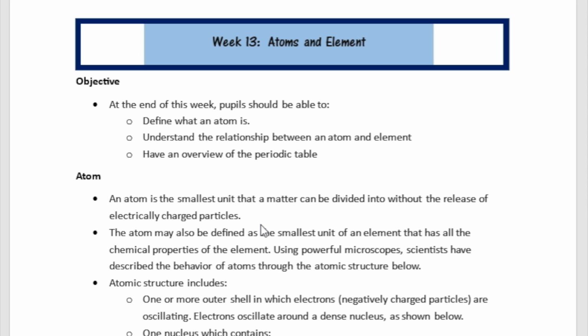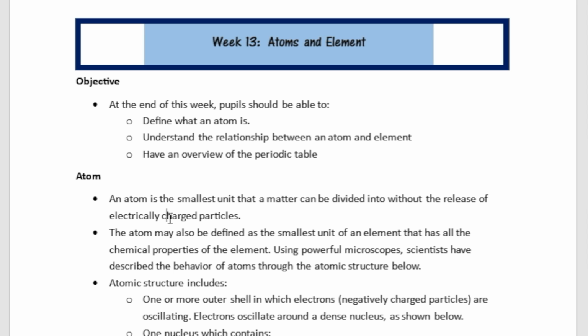Alright, so what is an atom? An atom is the smallest unit that a matter can be divided into without the release of electrically charged particles. So that lets us know that there may be other smaller divisions of a matter, but electrically charged particles may be released as a consequence of that.